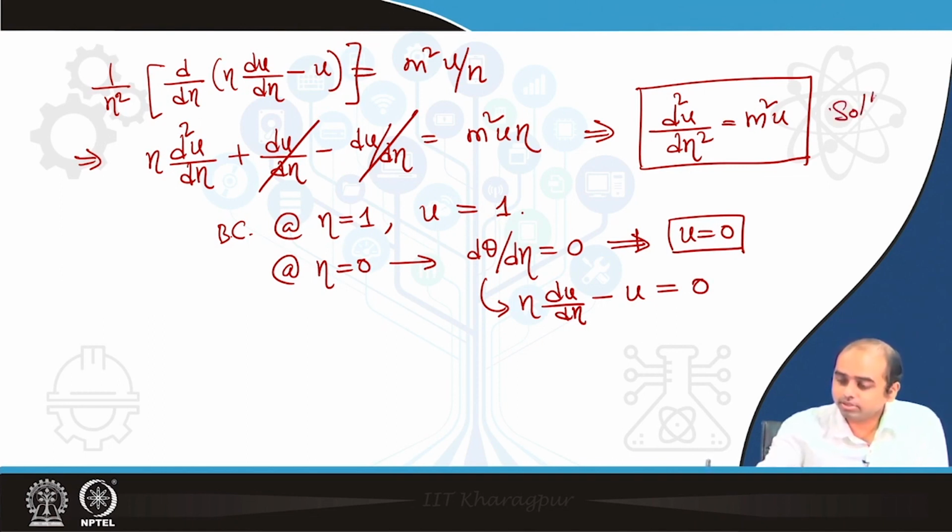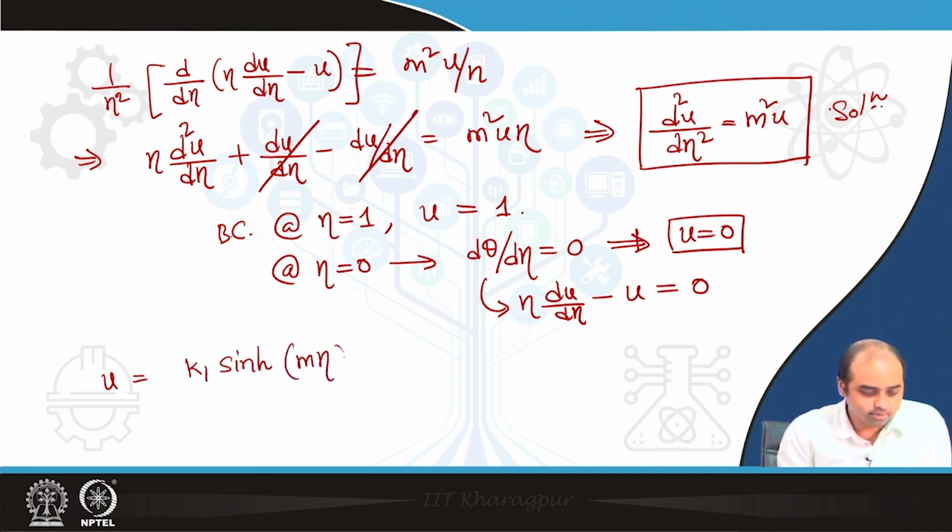The solution to this equation is u is equal to, based on two constants, the sinh and cosh or exponential functions: k1 sinh m eta plus k2 cosh m eta, right.